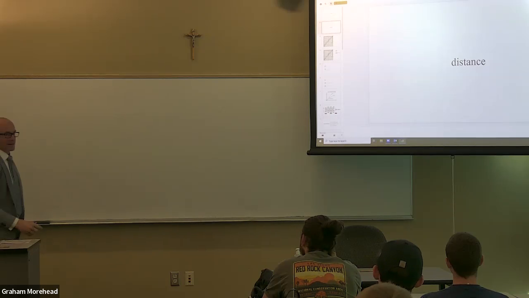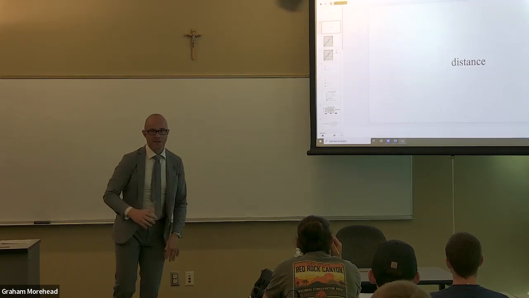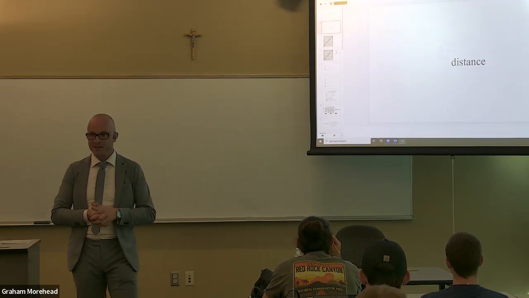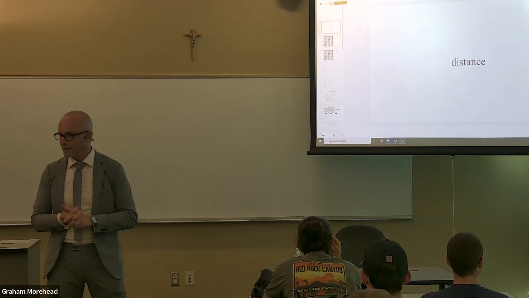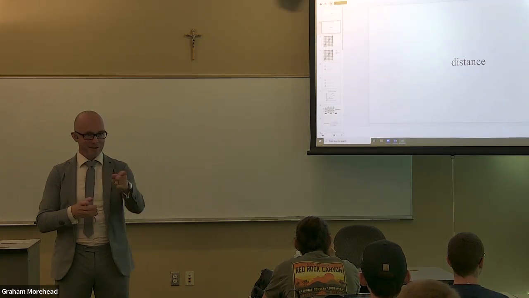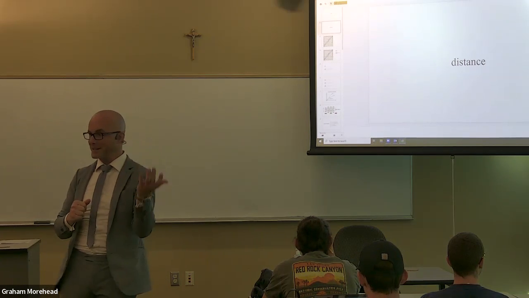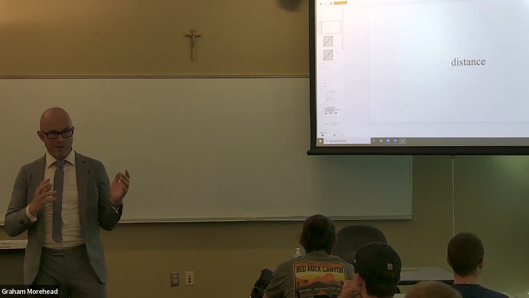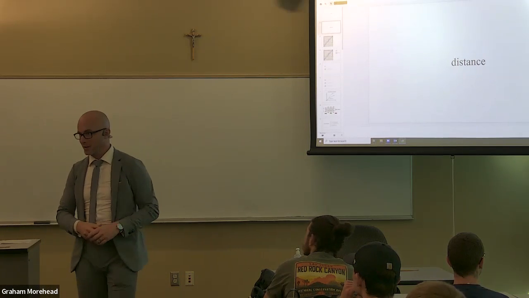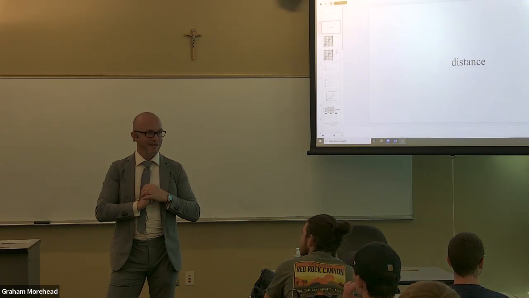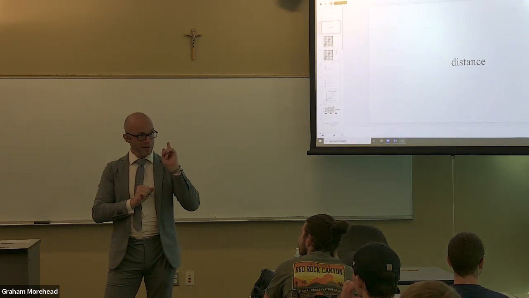Okay, let's talk about distance. What are some ways to calculate distance? Euclidean distance, yes. And what's another one? One that was mentioned 10 minutes ago by our colleague. Yes.